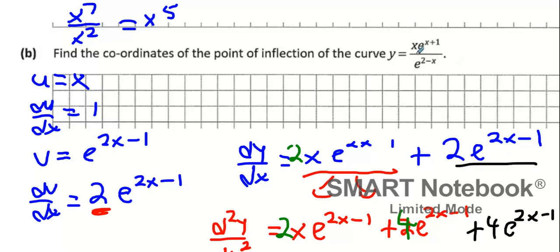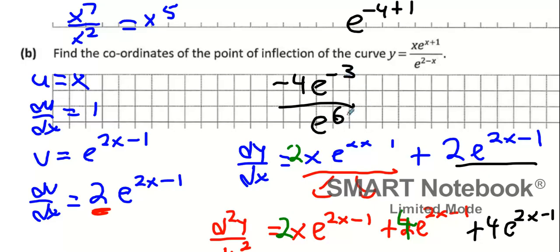So it's going to be minus 4 e to the power minus 4 plus 1, which is e to the minus 3. And then that's going to be e to the 6. And if you want to know, e to the minus 3 over e to the 6 is minus 4 e to the minus 9, or minus 4 over e to the power 9, and you're done. Anybody get that?